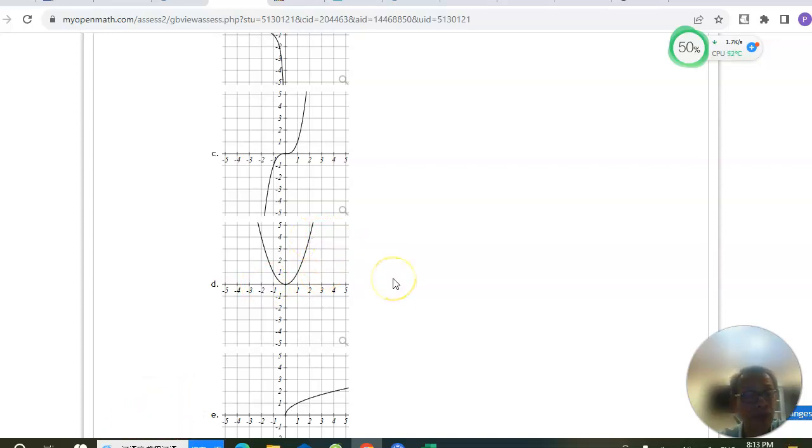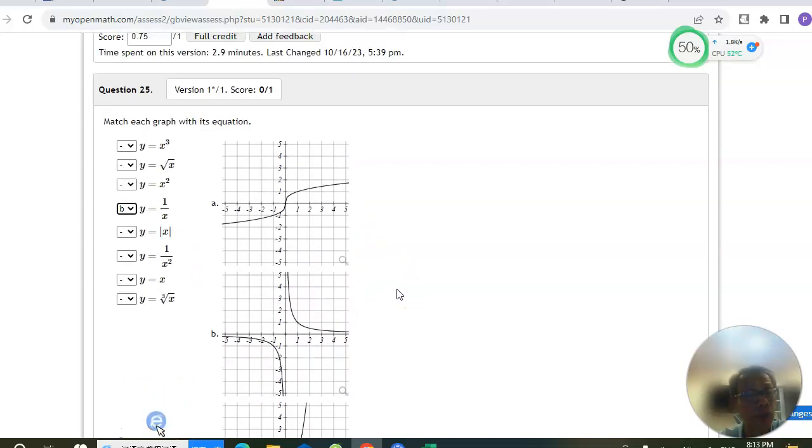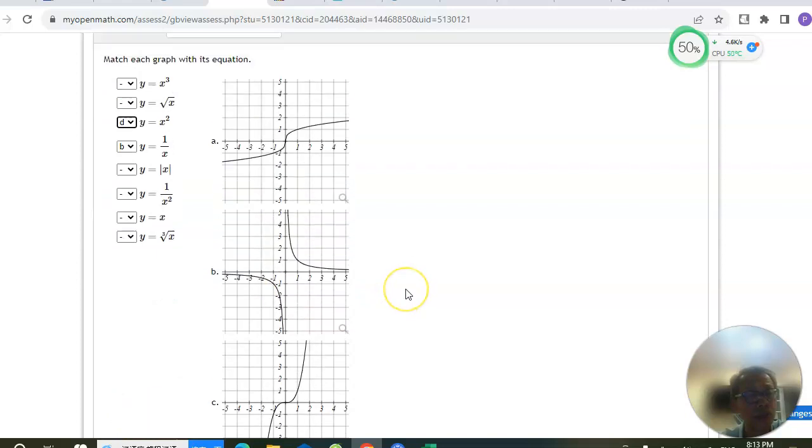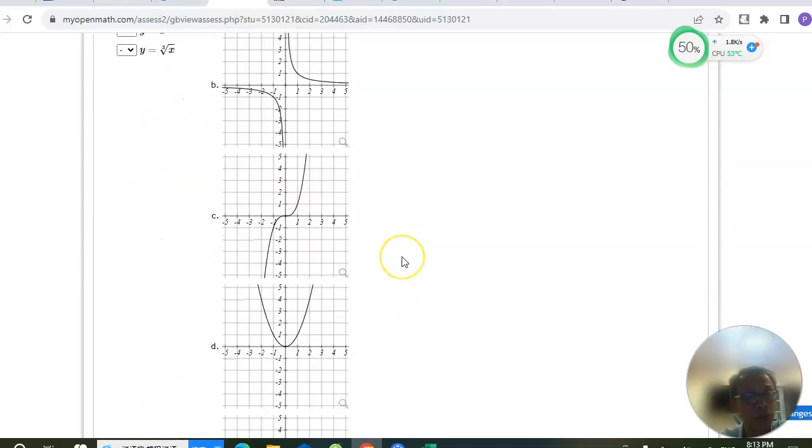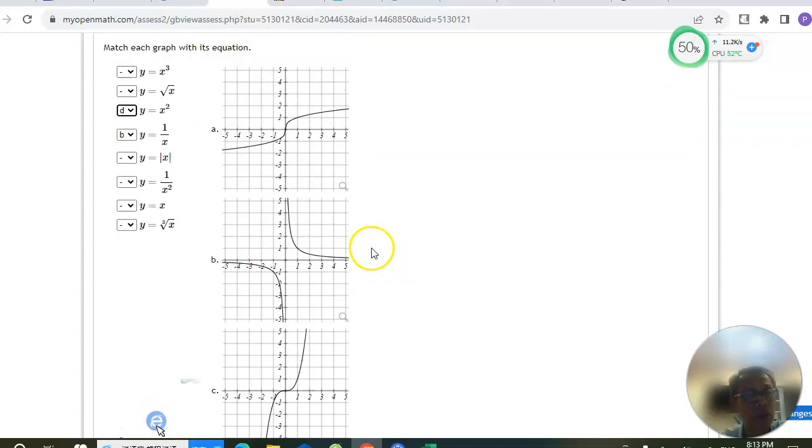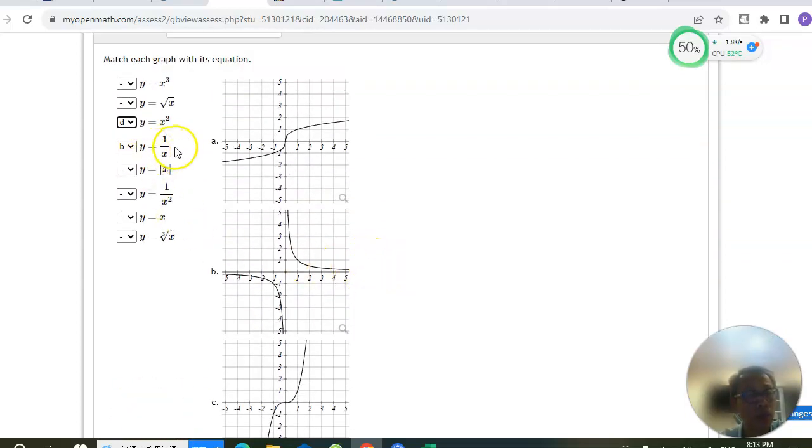So function D is the same as the function y equals x squared. That's how we do this. So y equals x squared is graph D, and y equals 1 over x is graph B.